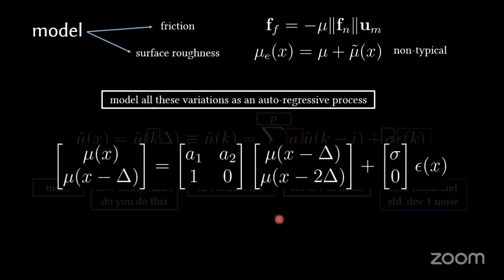Essentially, write this in state space coordinates, which makes it a bit easier to understand, and think of this entire process as a stochastic process. If you apply Fokker-Planck to this, you end up getting a diffusion term and a drift term, and I think that makes it a bit more intuitive to see how this autoregressive process works.